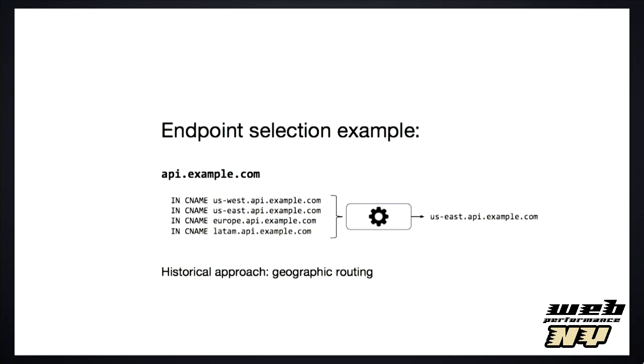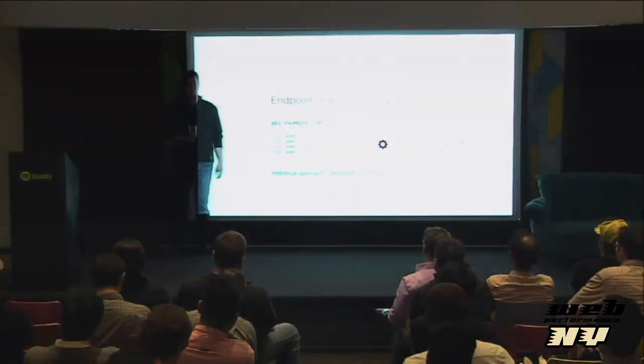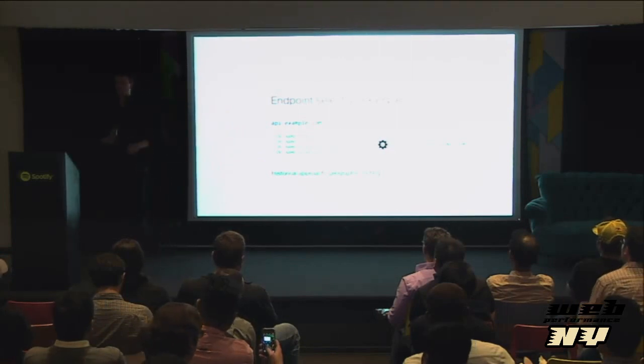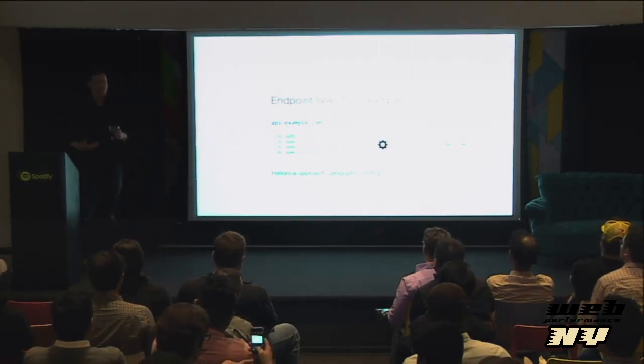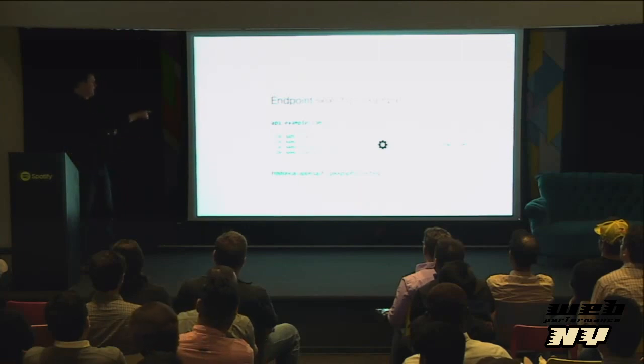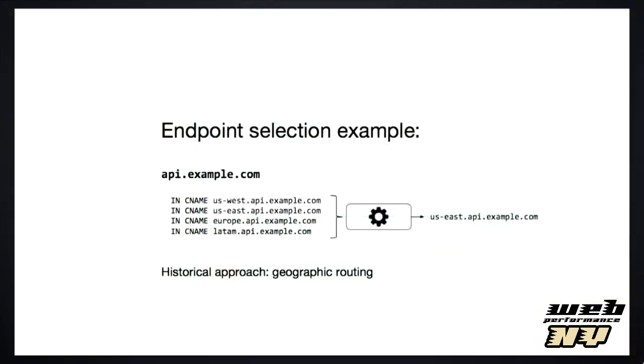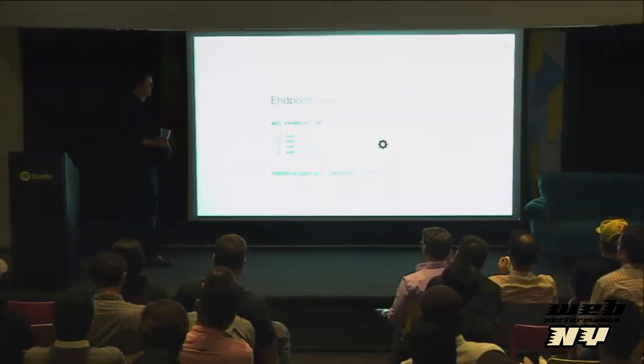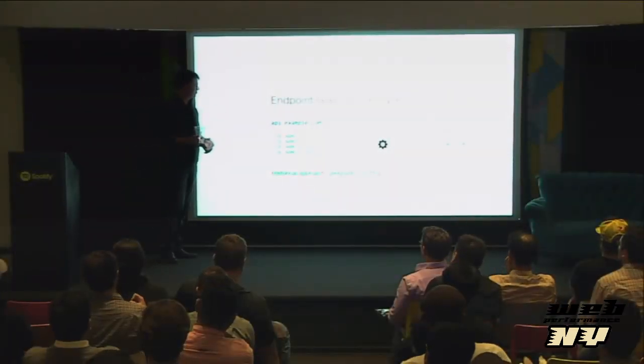So West Coast of the US, East Coast of the US, Europe, maybe Latin America, that's where we have users we care about. And we want users to be serviced by the API endpoint that is going to be most performant for them. Historically, the way we would have done this is what we call geographic routing. Just to explain this verbally, because I don't know how to make diagrams for all this stuff.